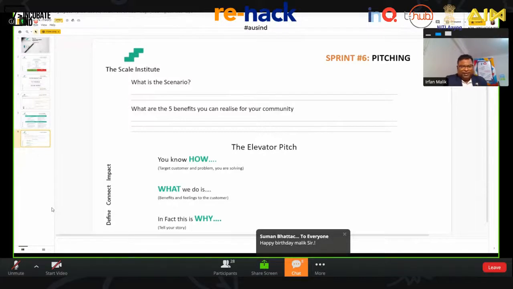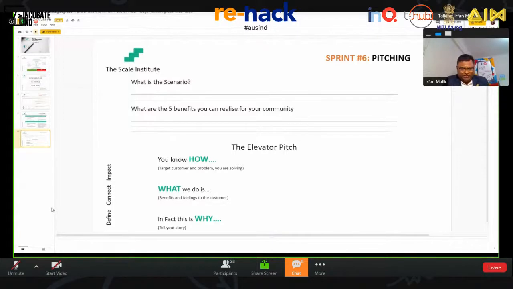My elevator pitch. Okay, I think I'll just go on the fly. You know how the startups in India and Australia have challenges to actually scale themselves to international markets. They struggle to grow, and that's something which we are looking to help them resolve. What we do is curate programs with a very targeted approach and access outcomes.